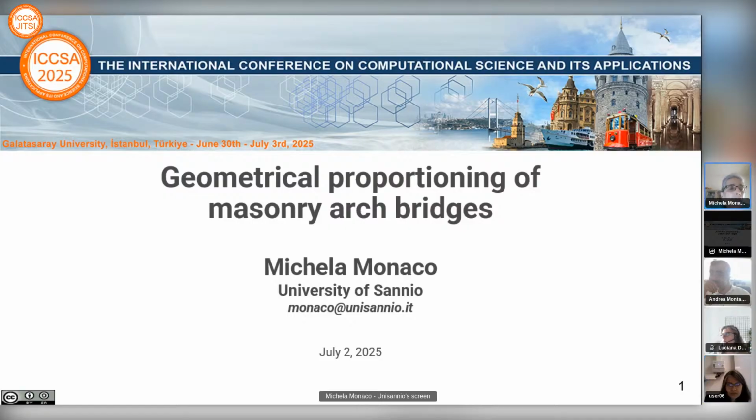Okay. Good afternoon. I'm Michela Monaco, and I come from University of Sannio in Benevento, a small city in southern Italy. And my paper regards geometrical proportioning of masonry arch bridges.